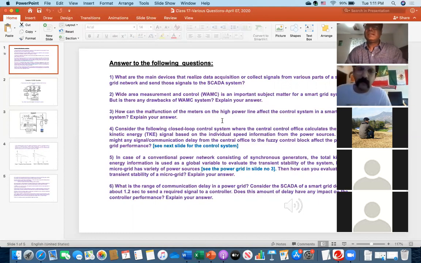Dr. Ali, one question. Yes. To measure current and voltage, is there a technique besides the instrument transformer? No, that is the only thing used on the high power line. In your laboratory, you have the ammeter and voltmeter. Those are maximum 30 ampere rated or maybe 20 ampere rated.